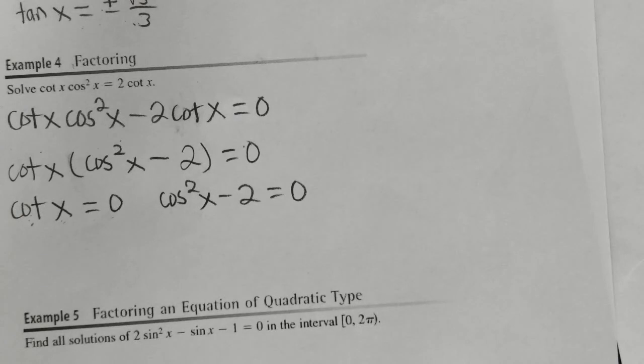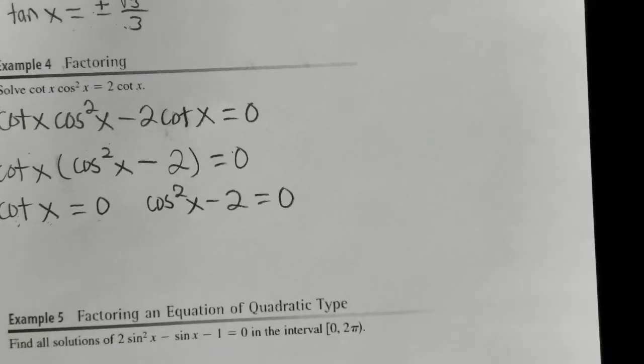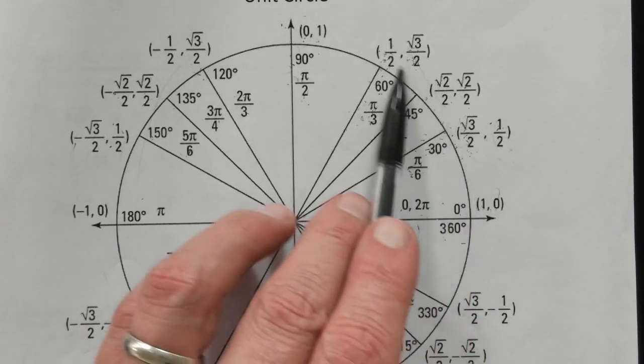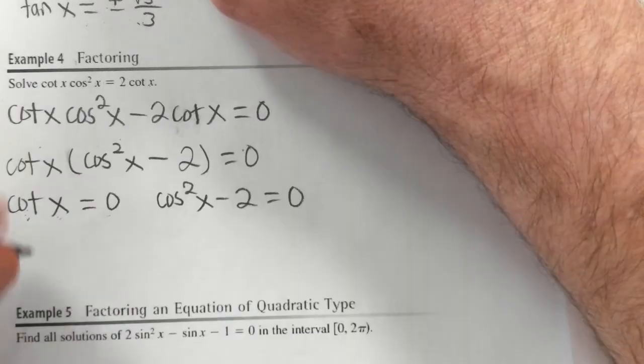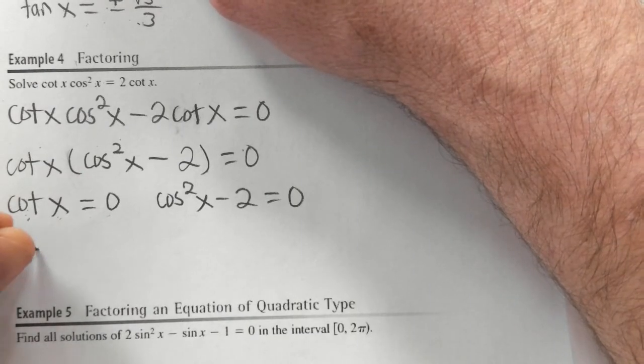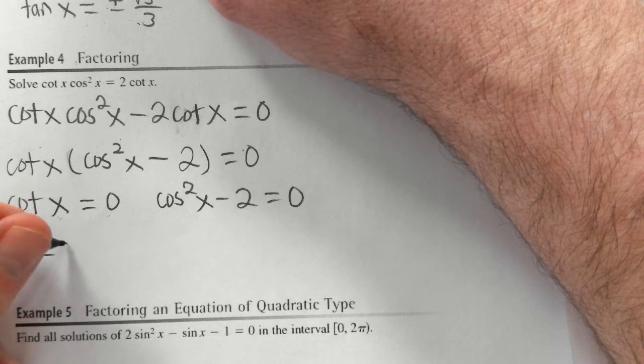So instead of y over x, it's going to be x over y. For x over y to be equal to 0, I need the x coordinate to be 0. Let's see where my x coordinate is going to be 0 here. That will happen at pi over 2. So the solution for this equation is x is equal to pi over 2.